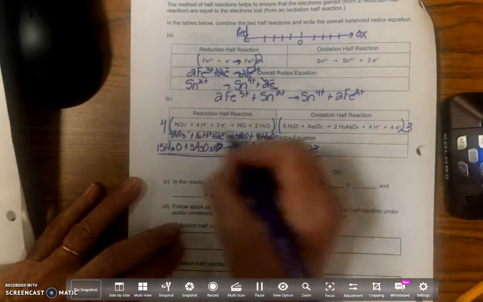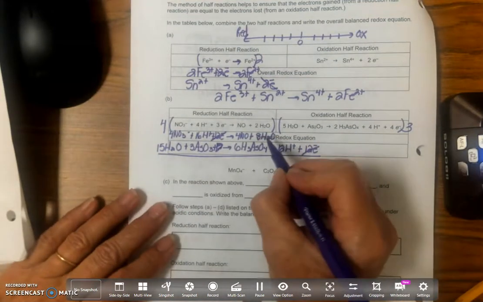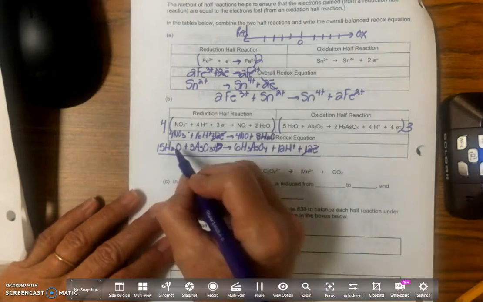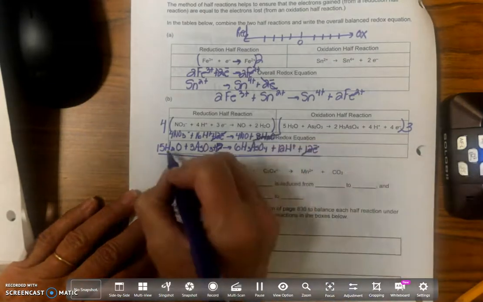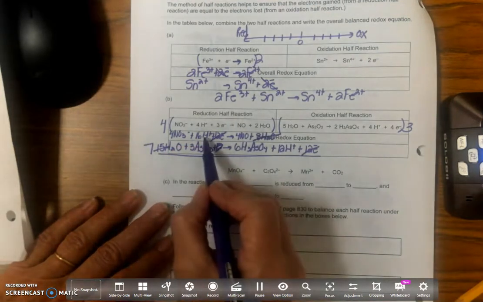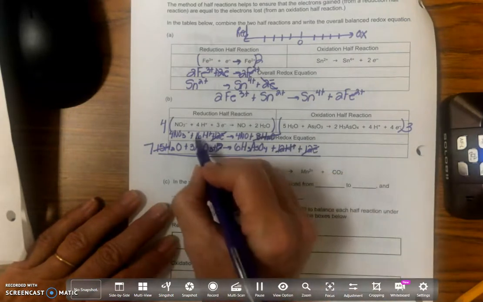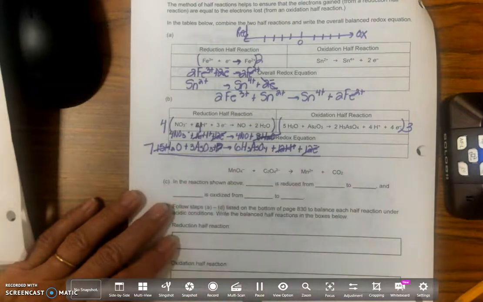Now, electrons go away on each side. Now, what else can I cause to go away? I've got 8 waters over here, 15 over here. I can cross those out, and that gives me 7 waters. I've got 16 H+ here and 12 here, so I can cross that out, and that becomes 4.